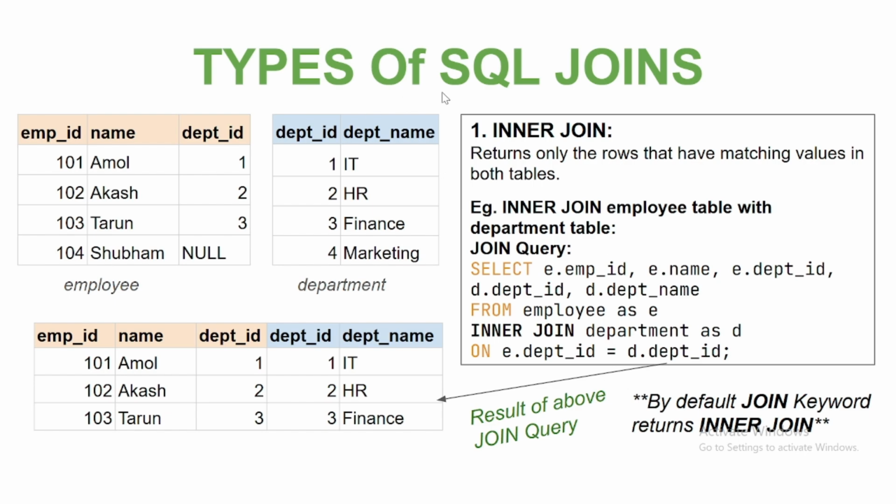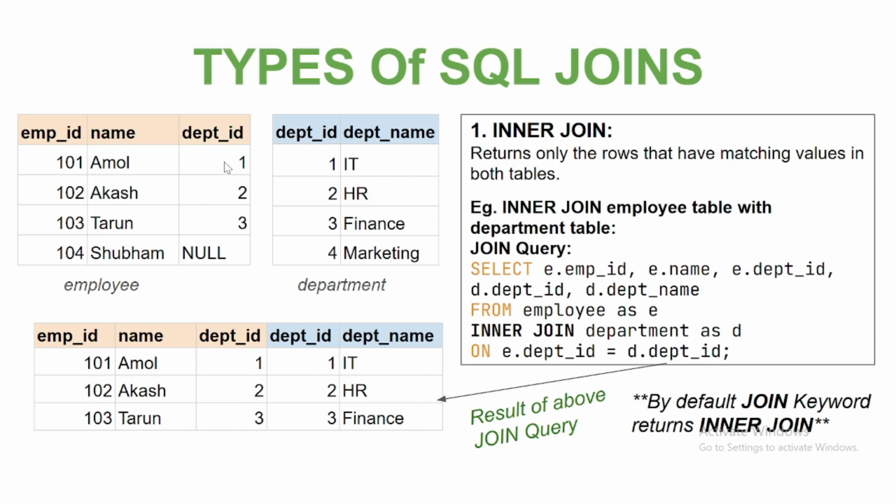Now we will understand what an inner join is, guys. Inner join returns only the rows that have matching values in both of the tables. The common, relevant column, department ID, is the relevant column in the employee and department tables. Whenever the department ID from employee matches the department ID from the department table, only then will it return that row and combine it. So this is the first row that came, right?